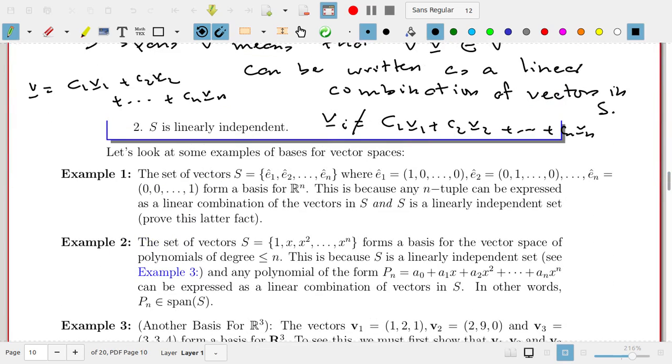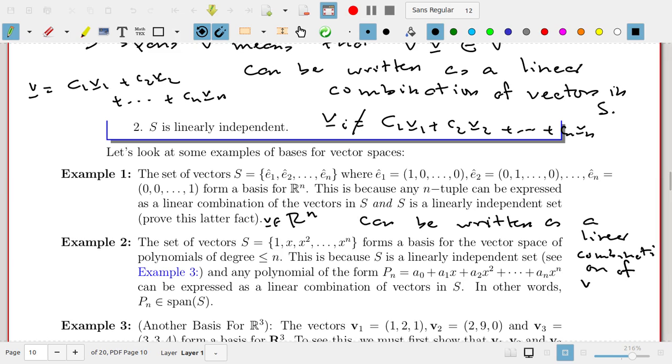So any vector in Rn can be written as a linear combination of vectors in S, right?